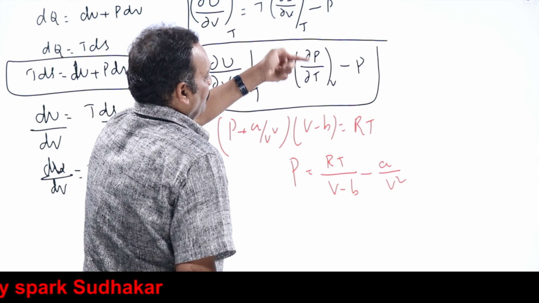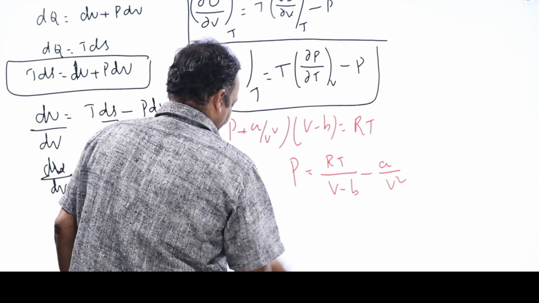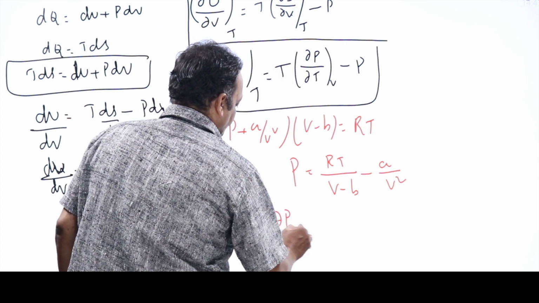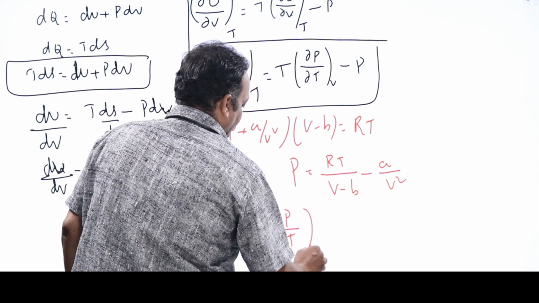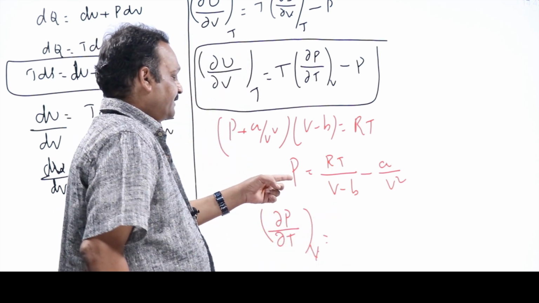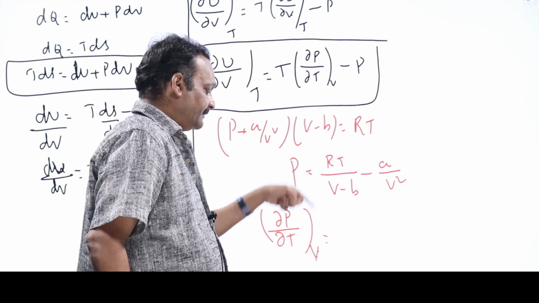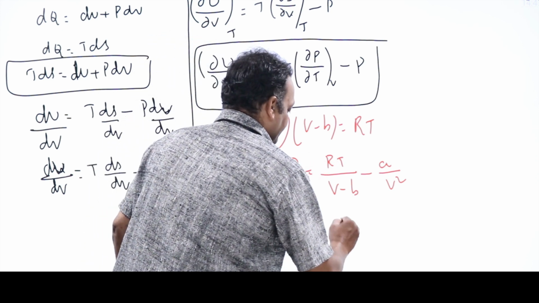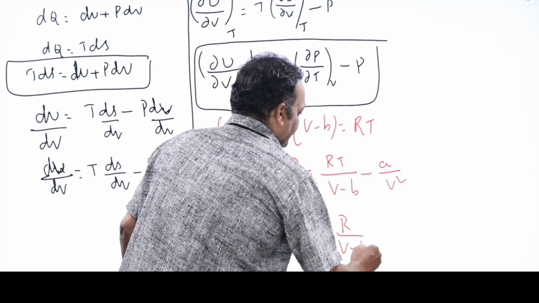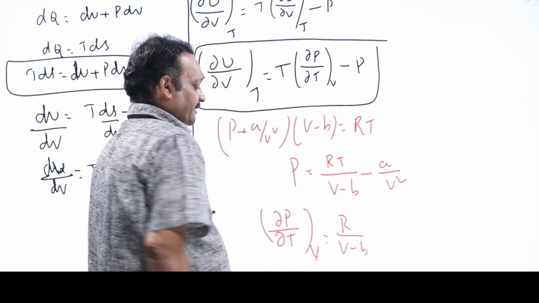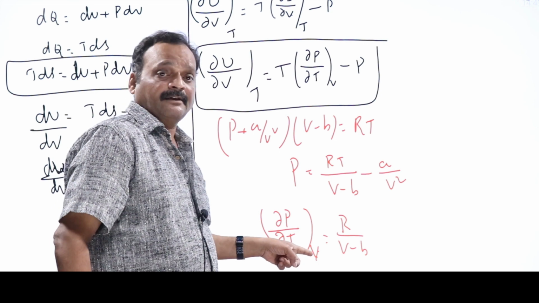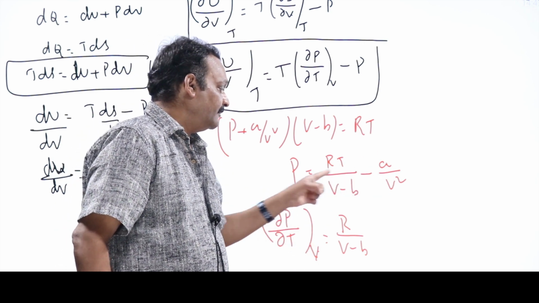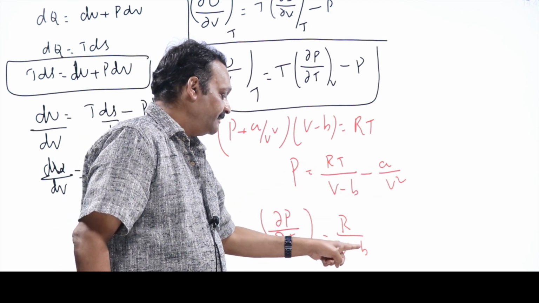Now find out dou P by dou T at constant V. Differentiate this equation with respect to temperature. So dou P by dou T at constant V, temperature is here, this becomes R by V minus B. A by V square is a constant only, because at constant volume we are evaluating, this term becomes 0. This simply becomes R by V minus B.